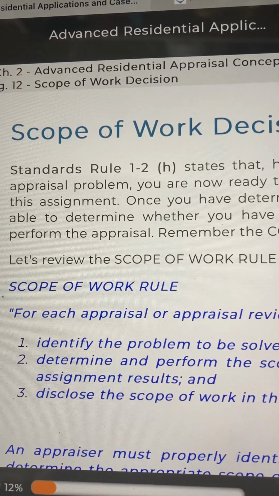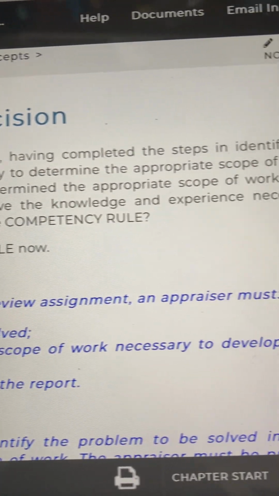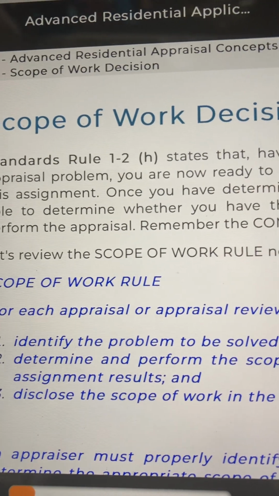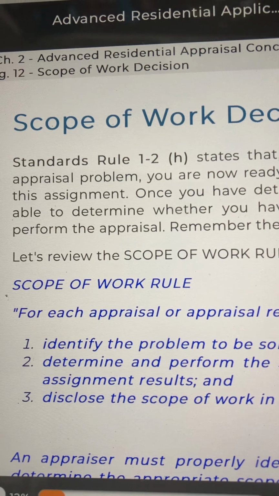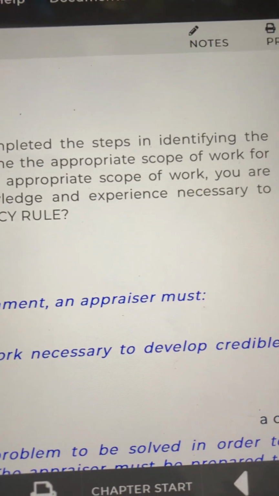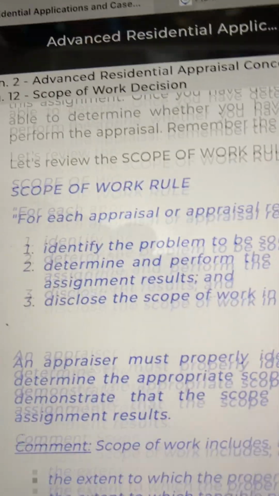Scope of work rule. For each appraisal or appraisal review assignment, an appraiser must: number 1, identify the problem to be solved. Number 2, determine and perform the scope of work necessary to develop credible assignment results.